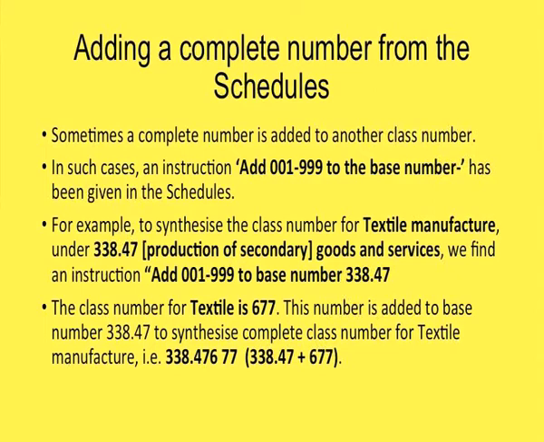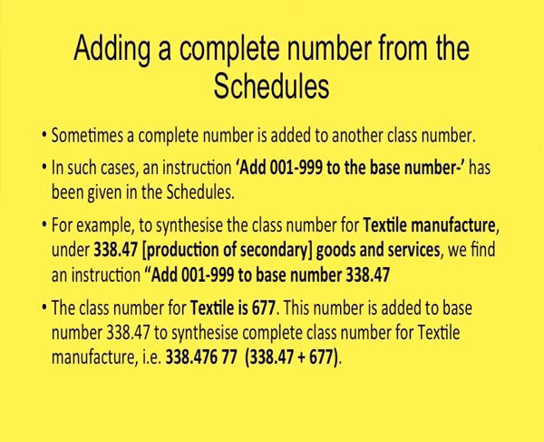This is the general number for production of goods and services. Then we find the instruction below this entry: add 001-999 to the base number 338.47.